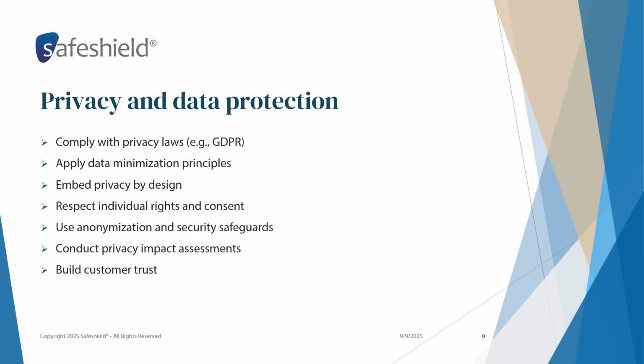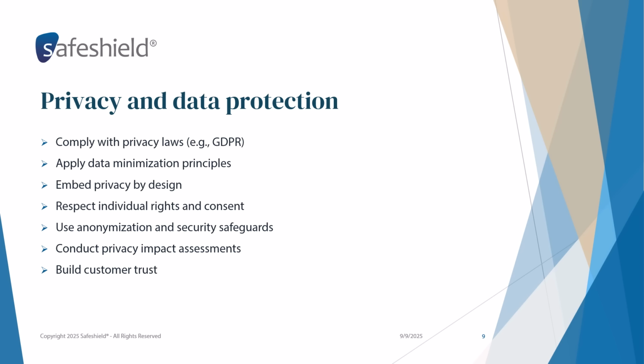Privacy and data protection are critical pillars of AI governance, given that many AI systems rely on large volumes of personal data. Improper handling of data can result in privacy violations, regulatory fines, and serious reputational damage. Governance frameworks mandate that AI systems must comply with data protection laws, such as the EU's General Data Protection Regulation or similar regional regulations.